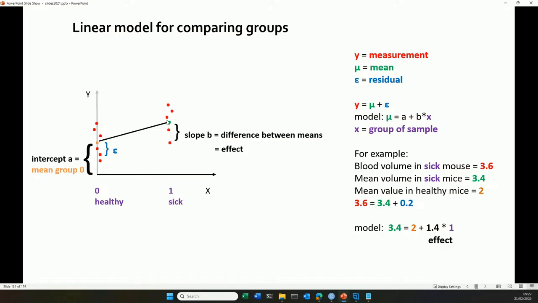How much did you go up? Because of this definition, the slope is nothing else than the difference between these two means. And this is what you call the biological effect. So doing this linear regression has a lot of nice features. You can find the means of the groups and you can find the biological effect.